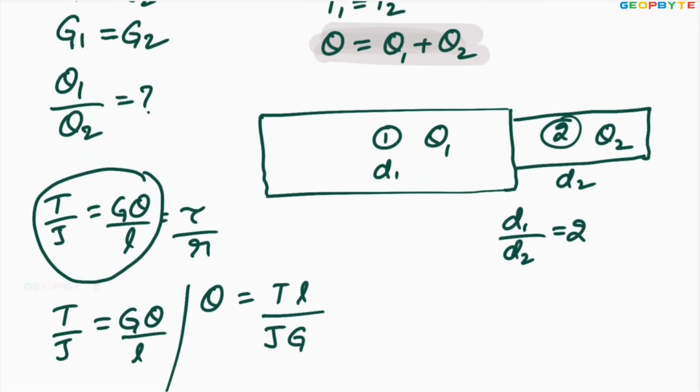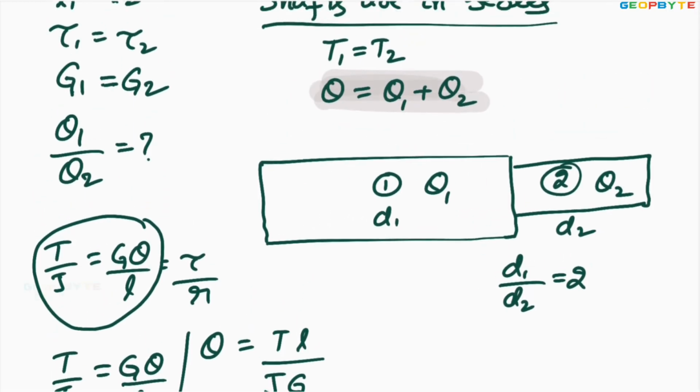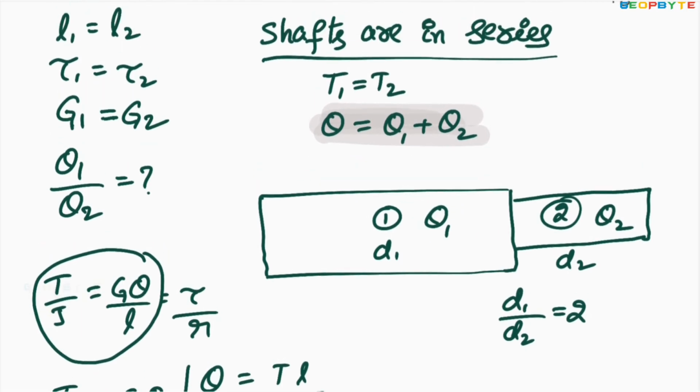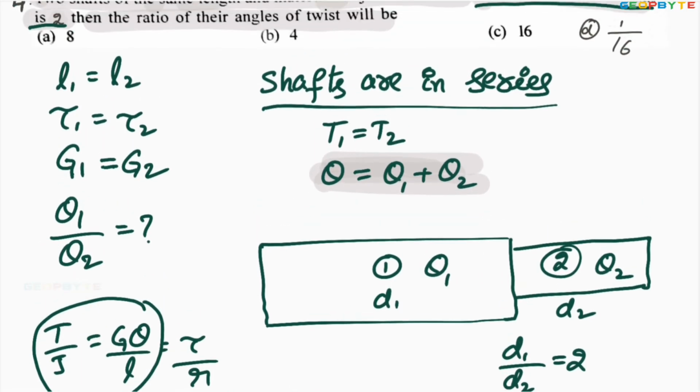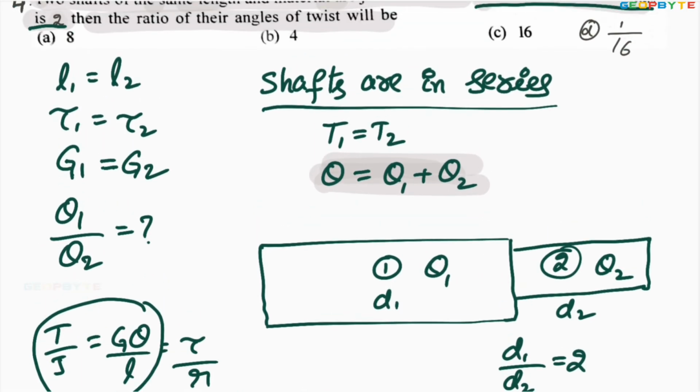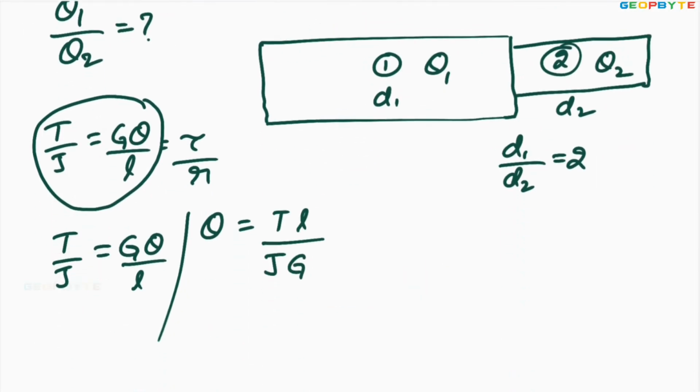Here it is given in the problem that the length remains same and shear modulus also remains same. It is the arrangement for series. For the series arrangement, T1 equal to T2. That means T remains constant, L remains constant, G remains constant.